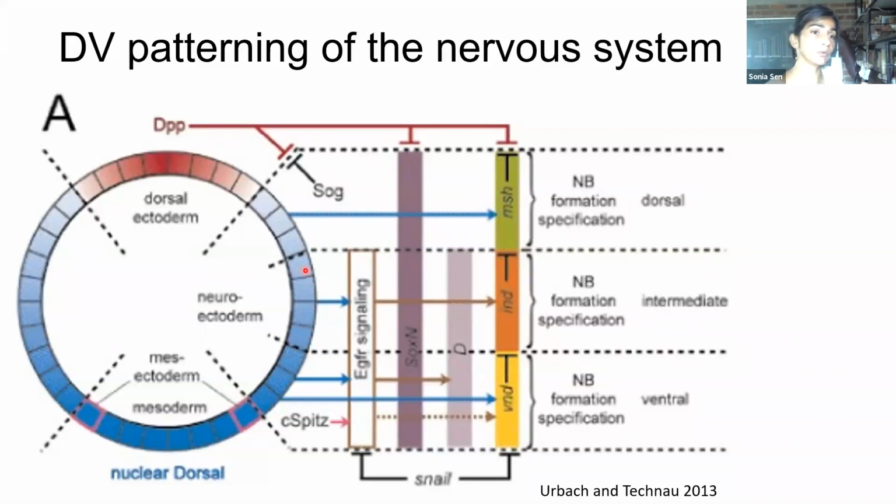What people have shown very nicely is that even in these regions you have differential gene activation. At these levels of dorsal, we're going to ignore these things and jump straight to this end: a transcription factor called BND is specified. At these levels, a transcription factor IND is specified. And at this level, a transcription factor called MSH is specified.